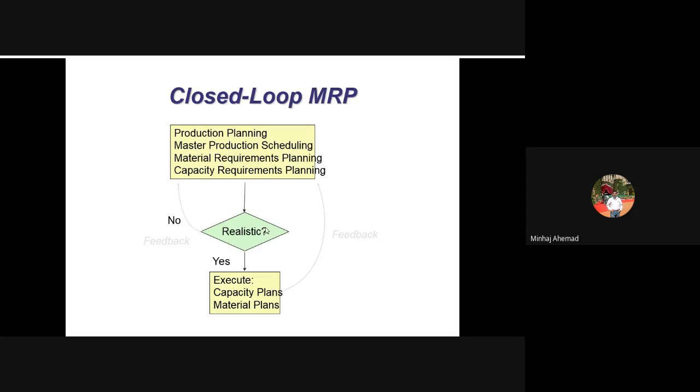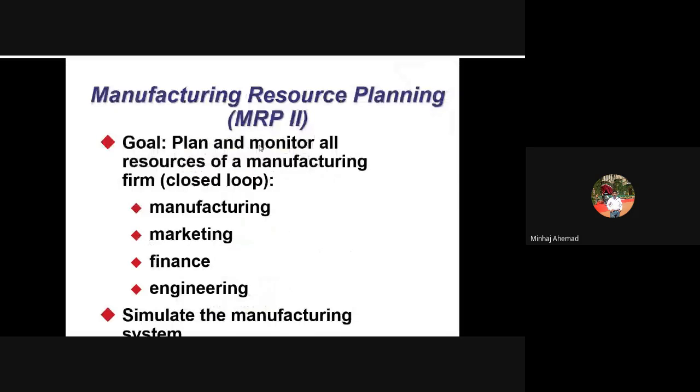This is how a closed loop MRP looks. So there is manufacturing resource planning, MRP2. The goal is to plan and monitor all resources of a manufacturing firm. Manufacturing, marketing, finance, engineering, all of this comes under MRP2.